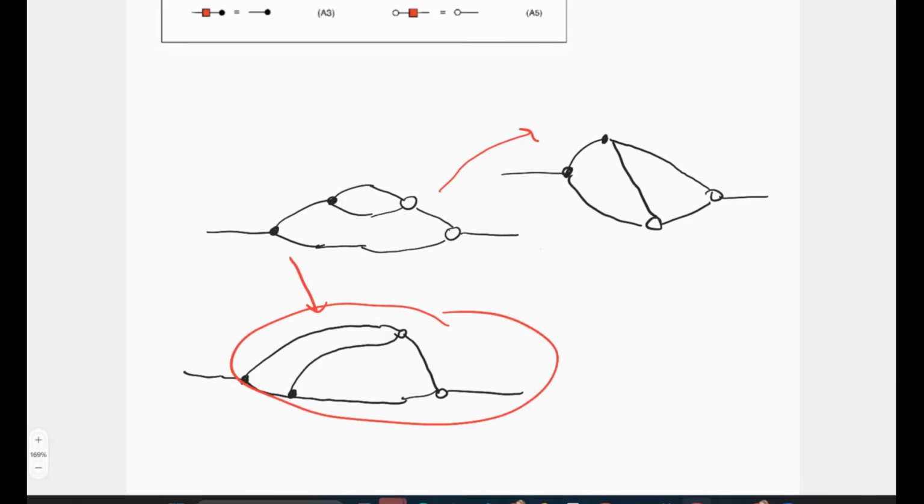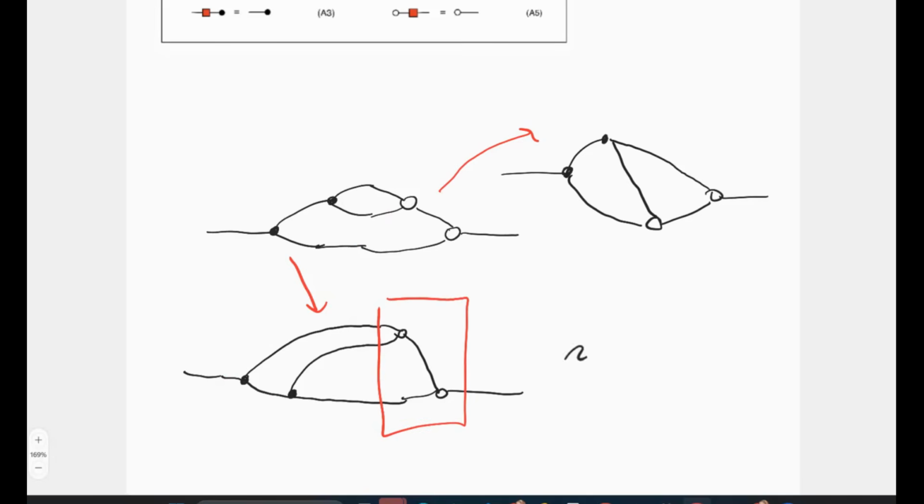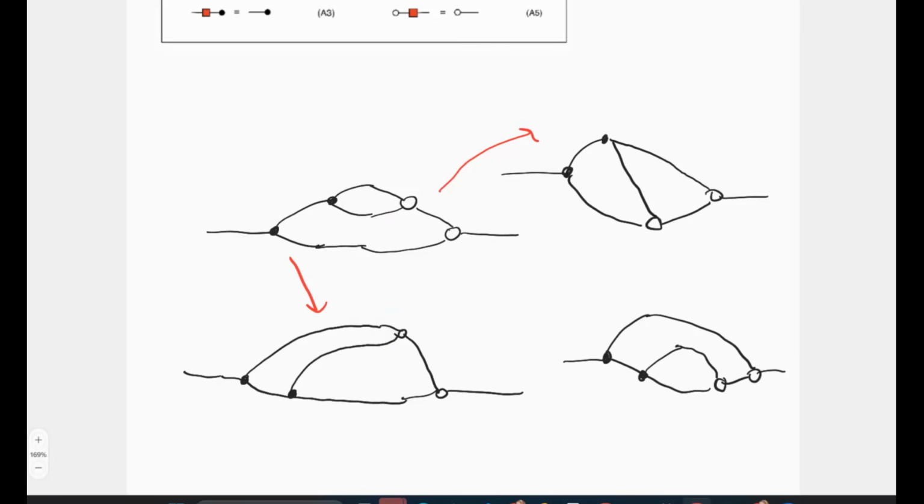And then also, if we take this diagram and we apply the associative rule here, then we can redraw the picture like this. And so actually, we find that there are these four different forms of multiplying by the number three.